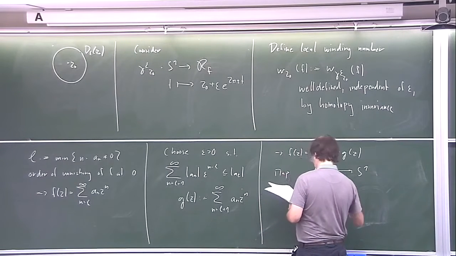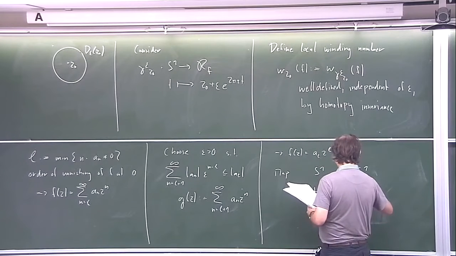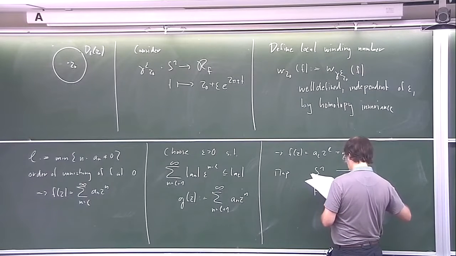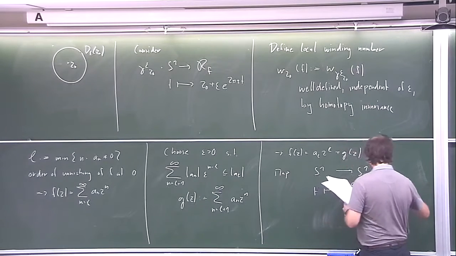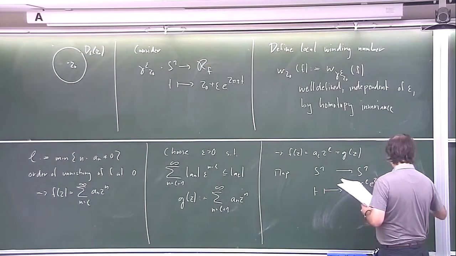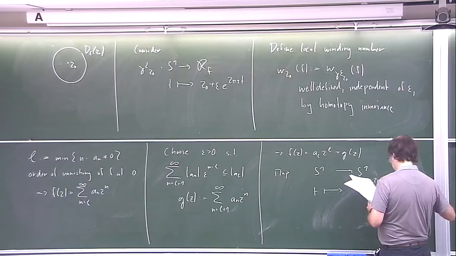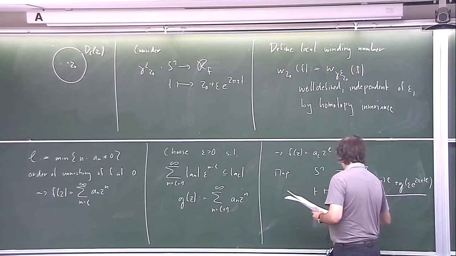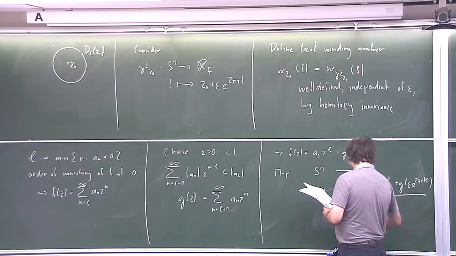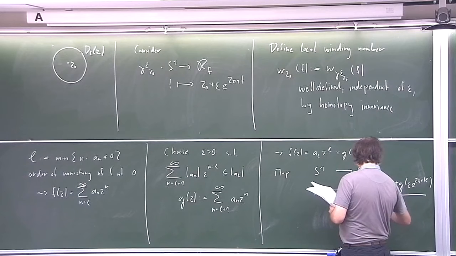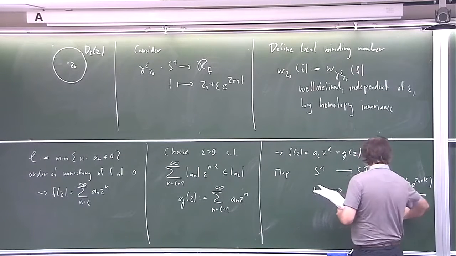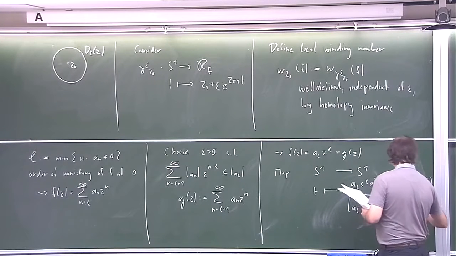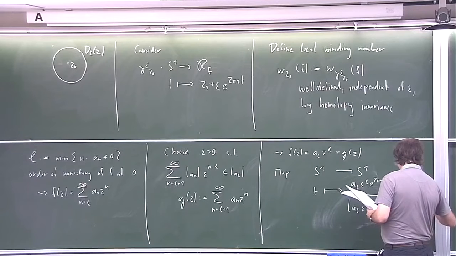T goes to a_ε L e^(2πi T L) plus G_ε e^(2πi T L), divided by |a_ε L e^(2πi T L) plus G_ε e^(2πi T L)|.